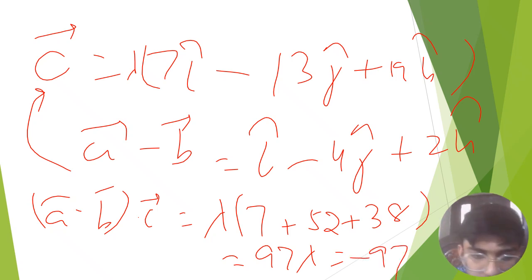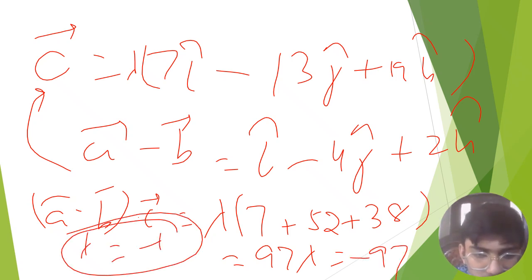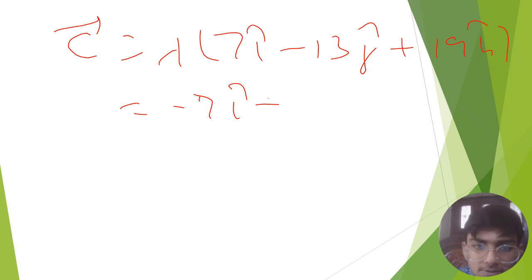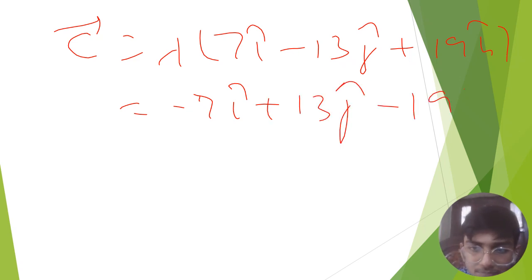So lambda is coming out to be minus 1. Now we will proceed further: minus 1 times, so minus 7i cap plus 13j cap minus 19k cap.